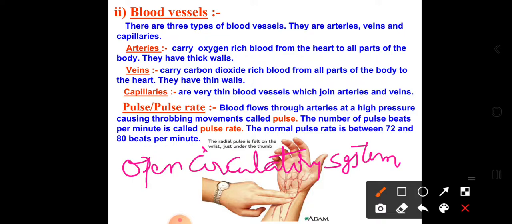Such type of circulatory system where the blood vessels are present, we are calling as a closed circulatory system. So in an open circulatory system, the blood directly flows in the body cavity and bathes all the functioning cells.